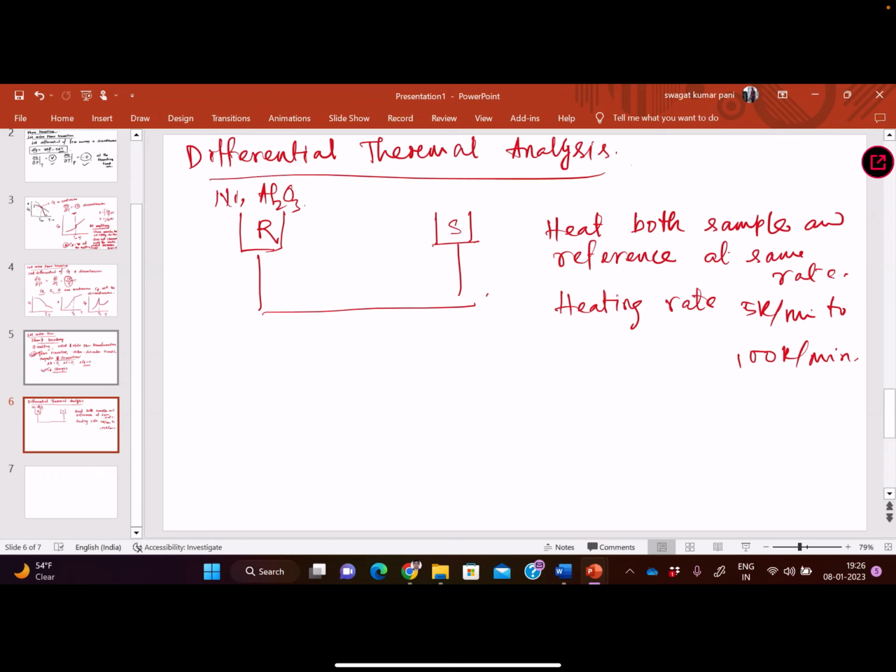As temperature goes up, Cp will also go up. Then what we plot is this delta T versus temperature.